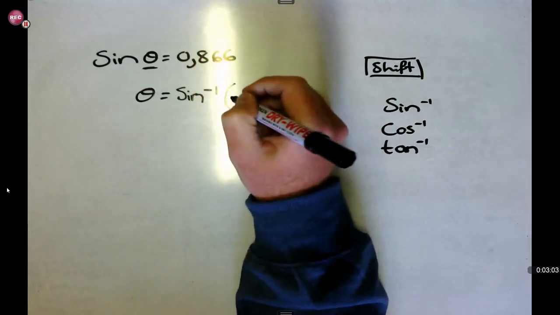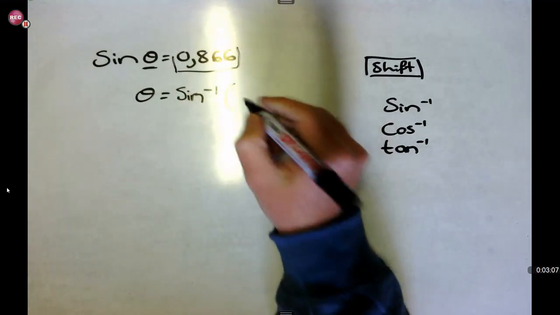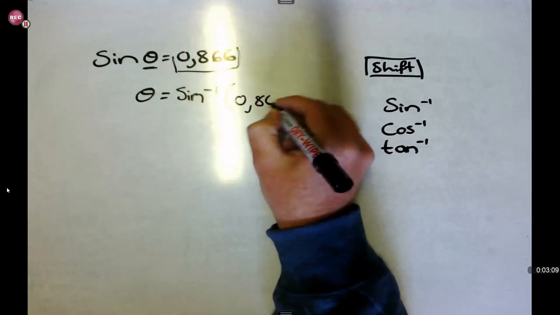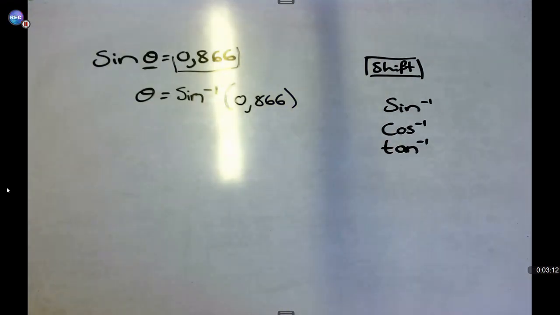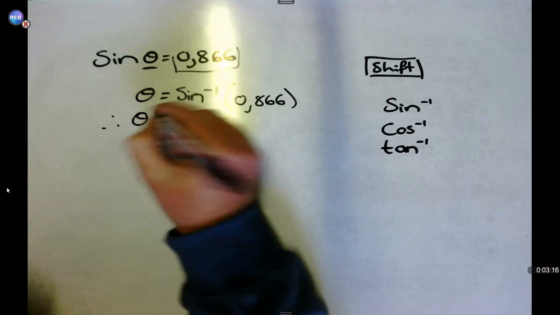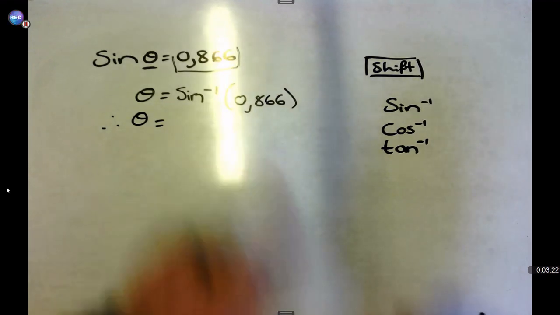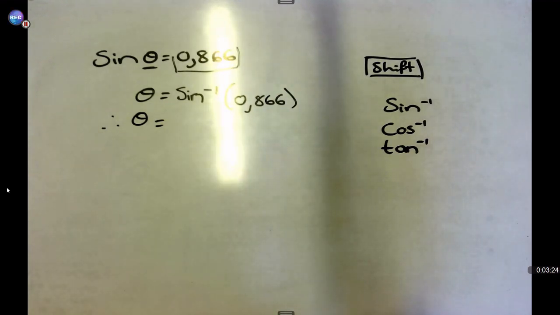Inside your bracket, you're going to put this value that's over here, which is 0,866. On your calculator now, you will put in shift sine, and you'll type in 0,866, and that would give you a value of 59,997, and it carries on.